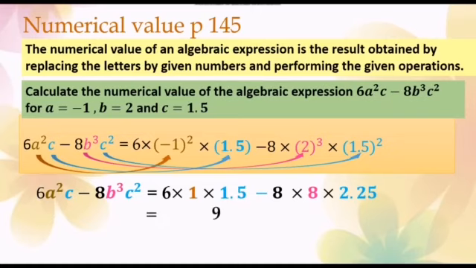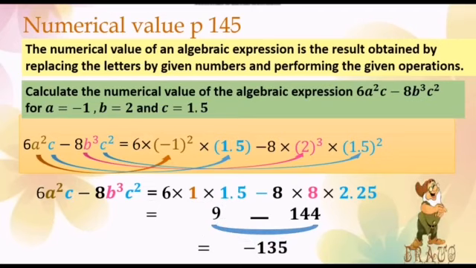And the final answer will be, for the first term, 1 times 6 times 1.5 is equal to 9, minus the second term, which in this case is 144. And the final answer between the two terms will be, of course, minus 135. And this is how we solve this application.